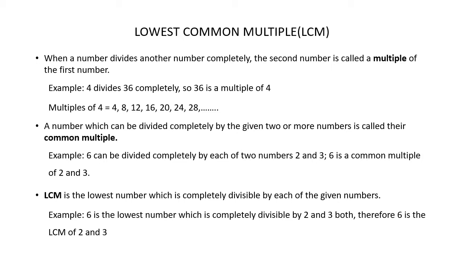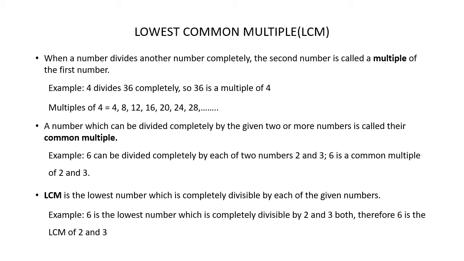The first number is the factor of the second number and the second number is the multiple of the first number. Let's understand this with an example. 4 divides 36 completely. So 36 is a multiple of 4, and 4 is the factor of 36.